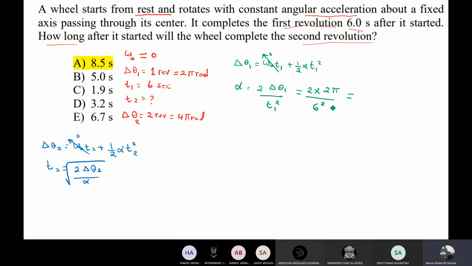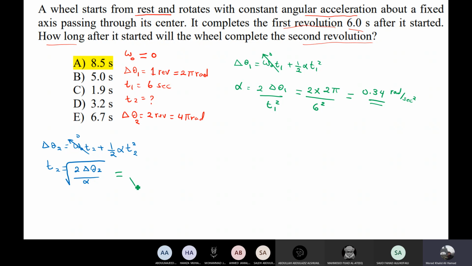How much is it? 0.34 rad per second squared. Note here, instead of meter, we use radian. Now we have alpha, and since alpha is constant, it is usable here or there.